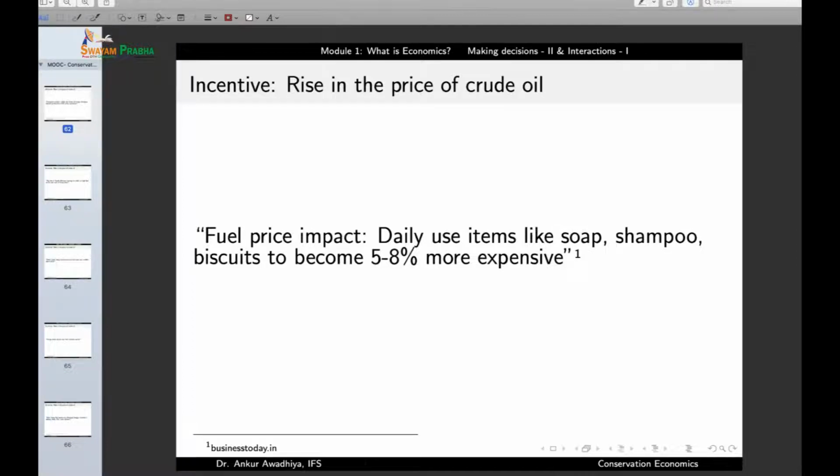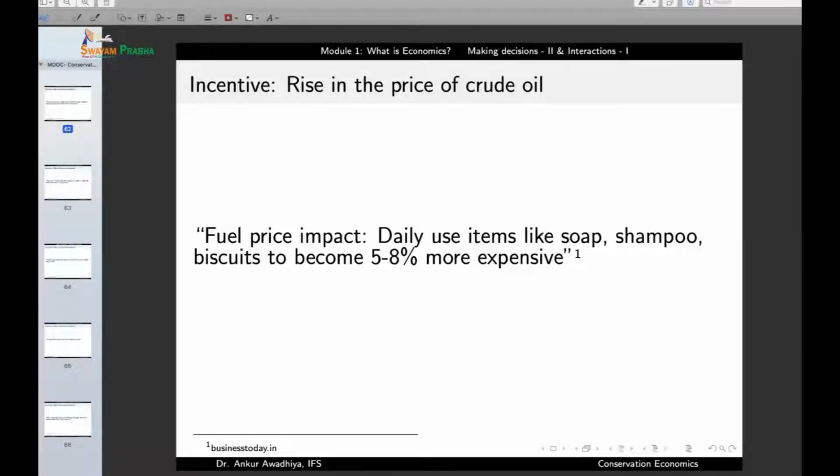The first one is: fuel price impact, daily use items like soap, shampoo, biscuits to become 5 to 8% more expensive. So what is happening here is that because the price of crude oil has gone up, a number of articles that require crude oil or its products for their manufacturing, say plastics, or for say energy use, which includes a number of other consumer goods, will be affected.